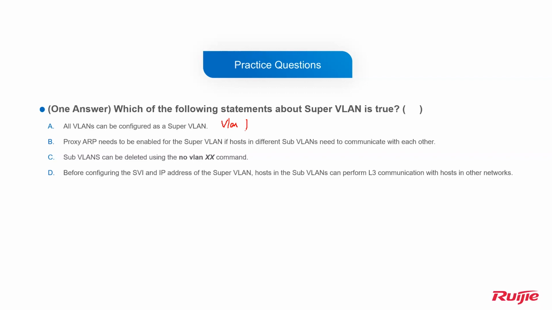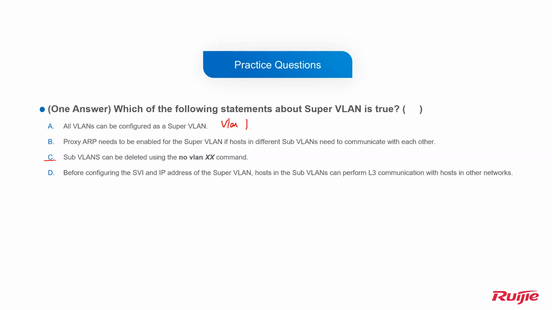And C, sub VLANs can be deleted using the no vlan command. This is false, right? Because for the sub VLANs, firstly, we should restore them to be common VLANs and then use the command no vlan to delete the common VLAN, right?